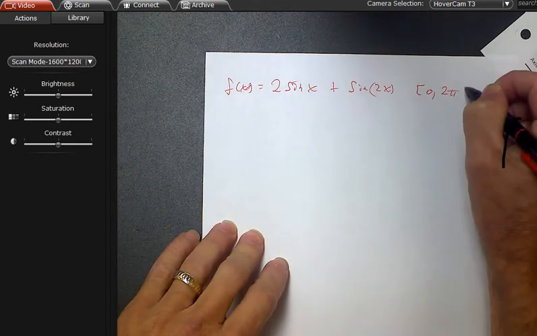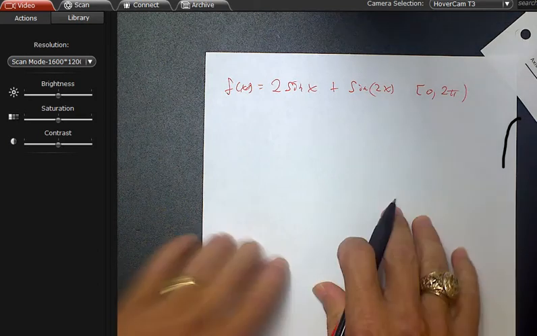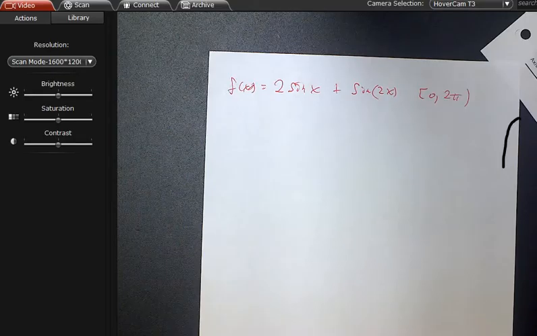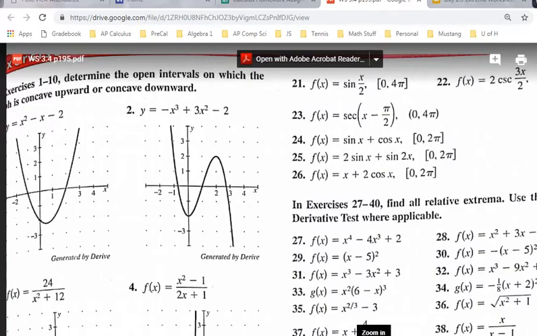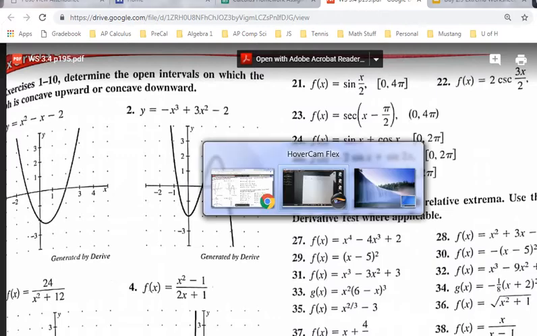Was it inclusive of 2 pi or not? Yes, it was inclusive. And what's the question asking you? Point of inflection. Okay, thank you.